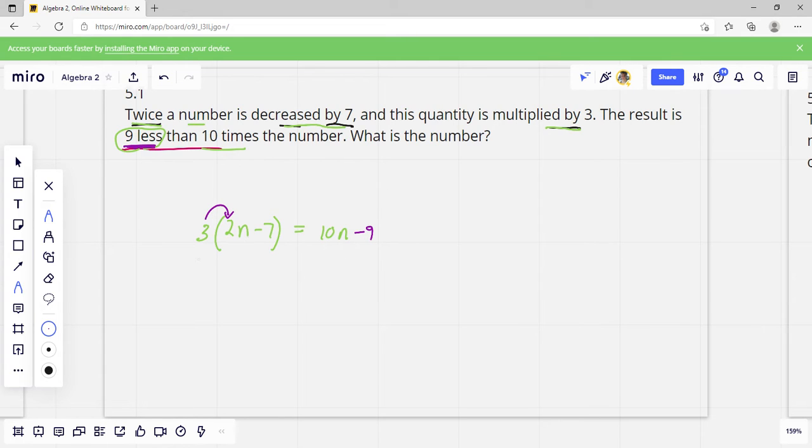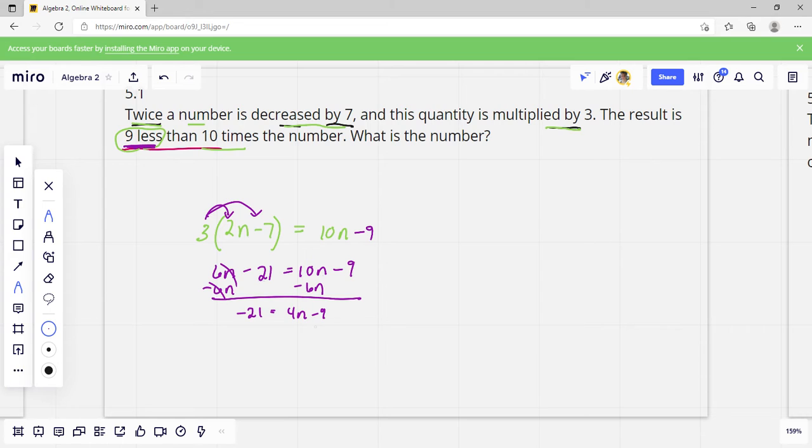So we're going to distribute, and we get 6n minus 3 times 7 is 21, equals 10n minus 9. Now we're going to put our n's together. So we're going to subtract 6n over here and over here, because we want to get those on the same side of the equal sign. Now we've got negative 21 equals 4n minus 9.